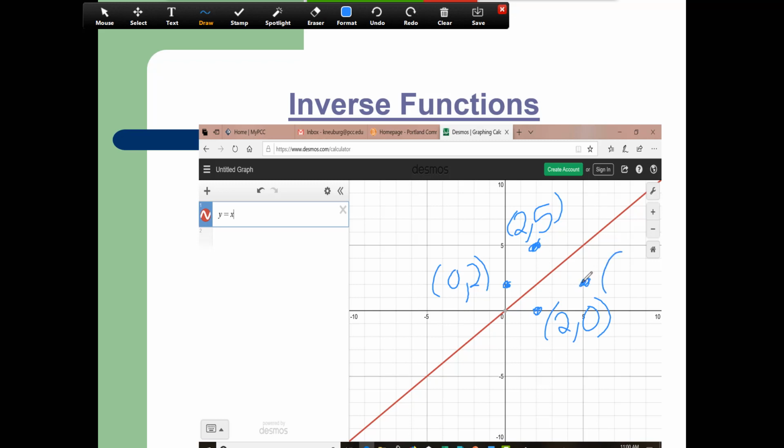Notice that those are directly crossed, and of course on our computer screen we can't really fold the paper, but those end up being reflections of each other across the line y equals x.